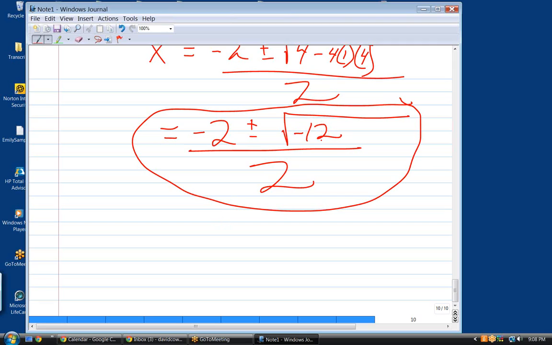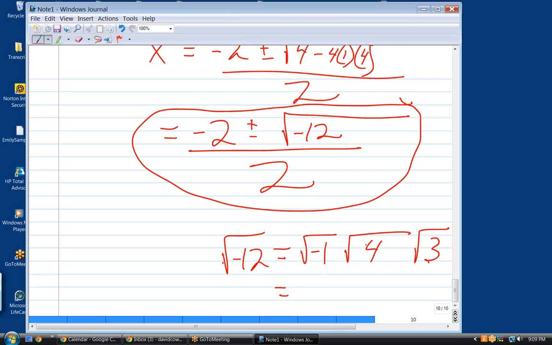This would simplify to, first of all, the square root of minus 12. I always start these by taking out the negative sign. And then that leaves square root of 12, which is the square root of 4 times the square root of 3.